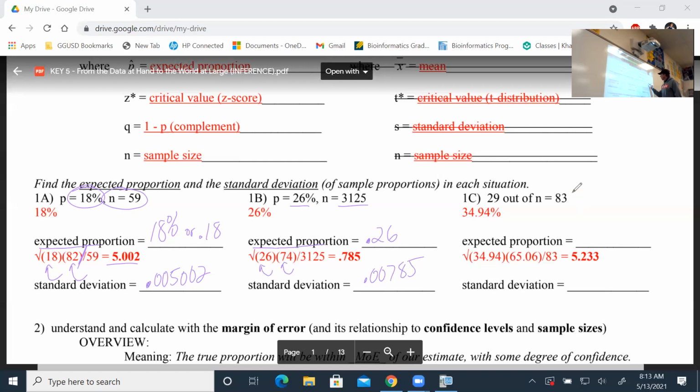Now this last one, small sample size 83. 29 out of 83 is 34%, about 35%. You might put 0.35. You can see this drawn here. You might put something like 0.35, 0.65 over 83. And that will come out about 0.05233.